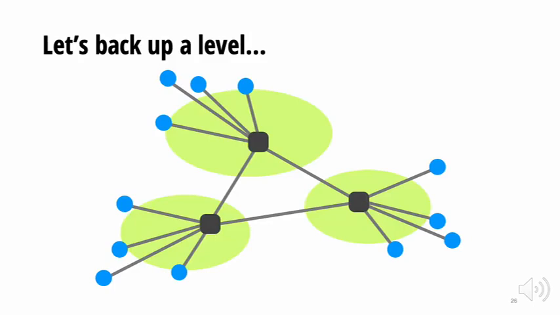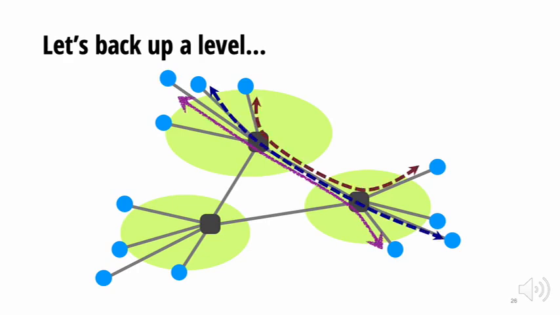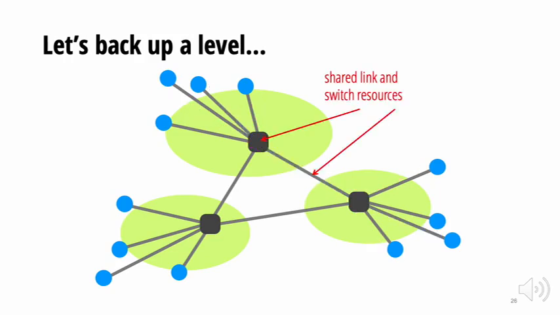Okay, so let's switch gears a little bit and let's back up a level. So we've talked about, kind of zooming in, packets across links, and we've also talked about a stream of packets or a flow going across a set of links in this network. Backing up a level, though, if you look at the network as a whole and we say, okay, I have one flow going through this network and I have another one and yet another one, inherently what this is telling us is that we have a number of packets or flows that are sharing this network.